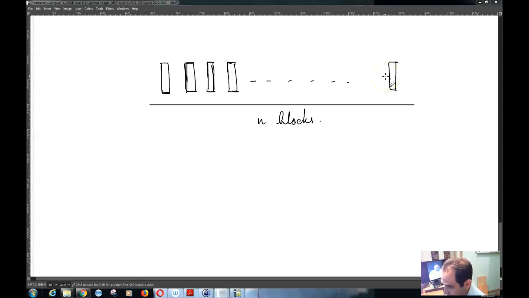Once you're done, you give the first block a push, and it pushes the next one, and this pushes the next one, until the last block falls over. That's how you play the game.